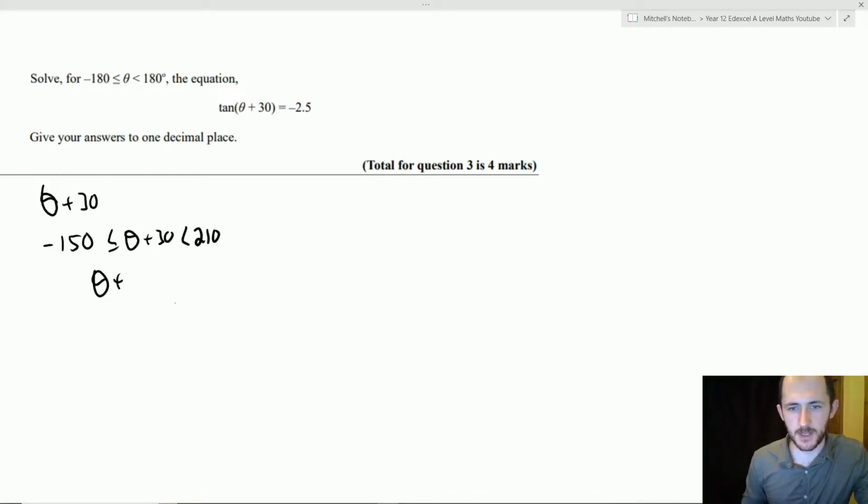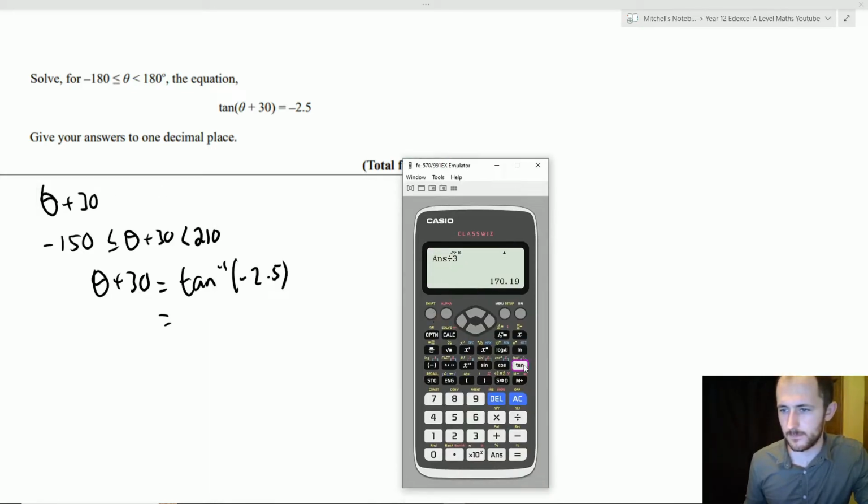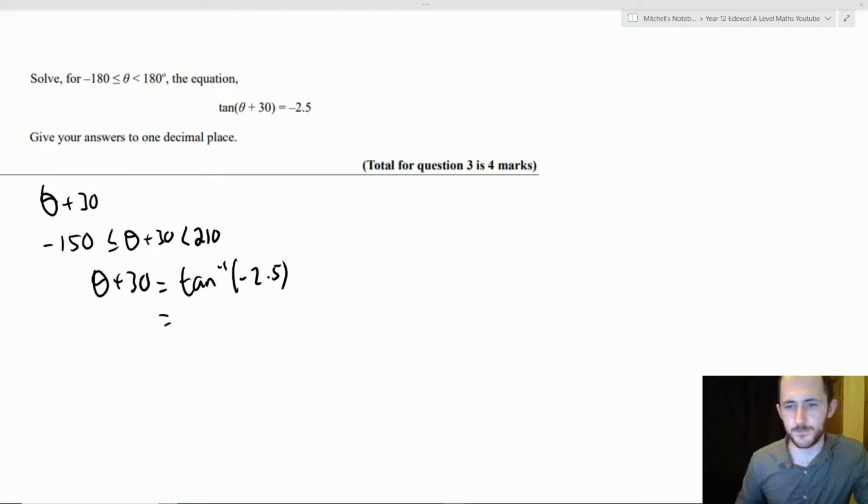So theta plus 30 is just equal to the inverse tan of minus 2.5, which equals, again, minus 68, and this is 1 decimal place, so minus 68.2.